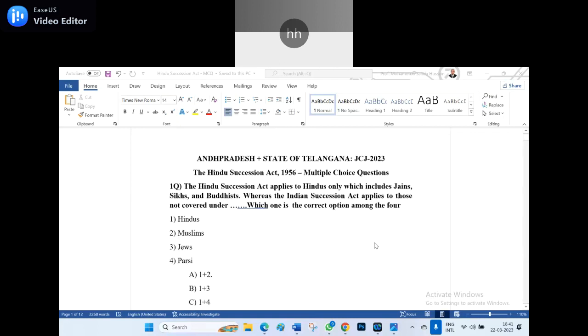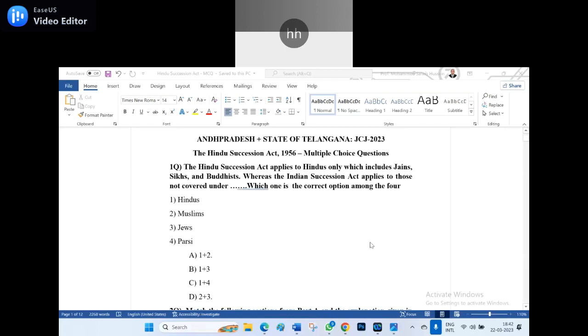The four options: number 1, Hindus; number 2, Muslims; number 3, Jews; number 4, Parsis. And the options go in this manner: A, option 1 plus 2; B, option 1 plus 3; C, option 1 plus 4; D, option 2 plus 3. Participants, anyone can unmute and shoot which is the right answer for the first question among A, B, C, D.